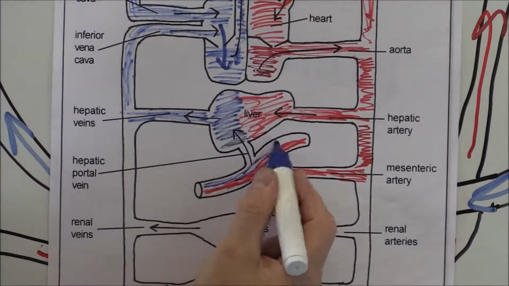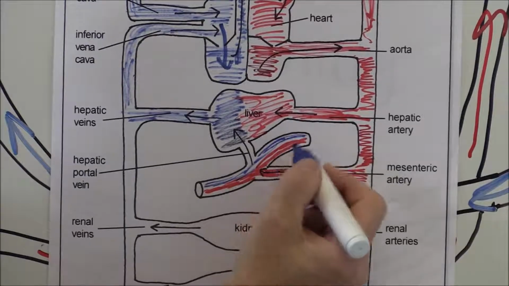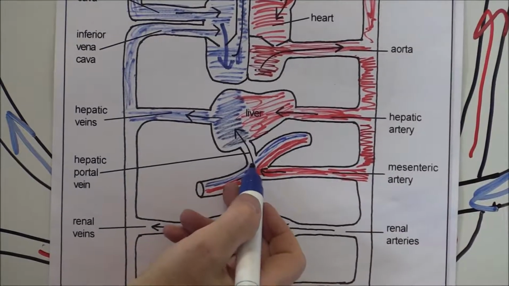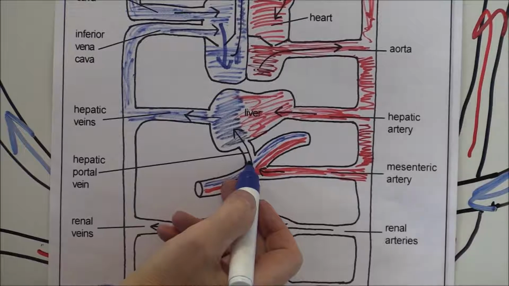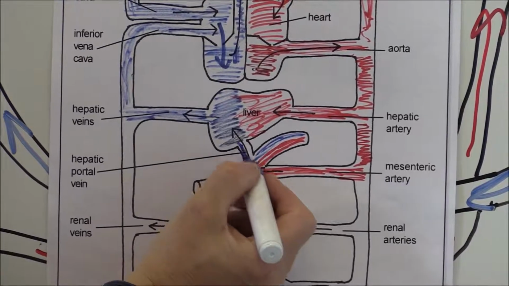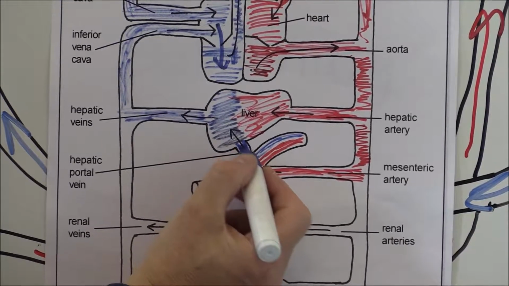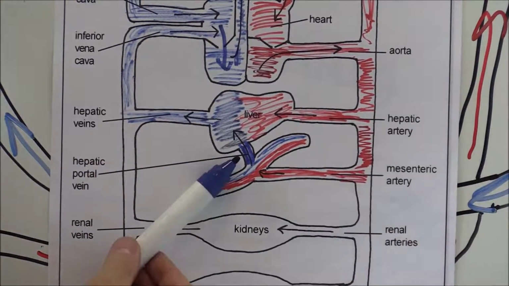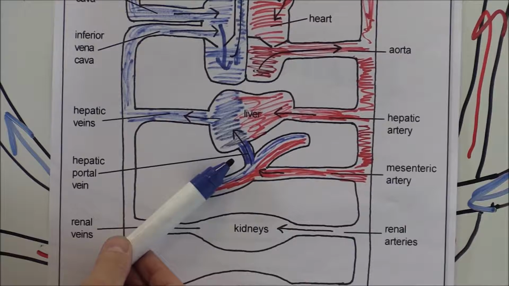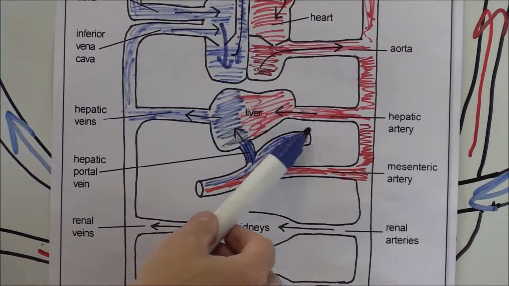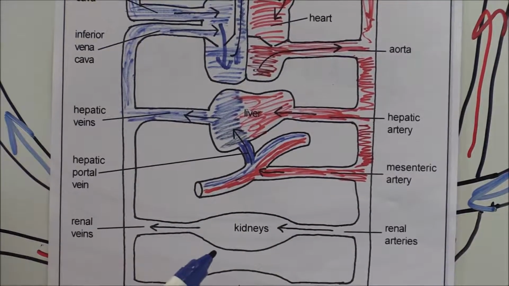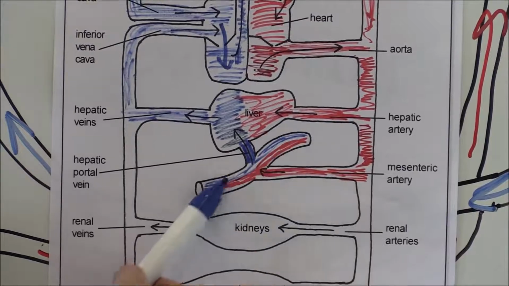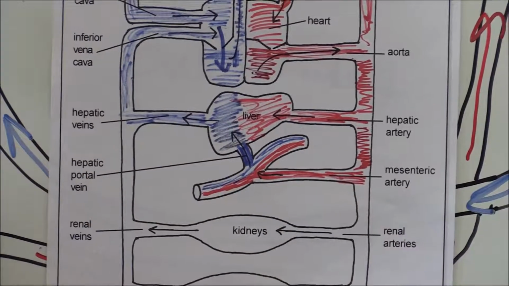But here we notice a very interesting thing. This blood does not drain directly back into the venous circulation. It drains via this small vein here directly into the liver. And this is the hepatic portal vein. Because we don't want bacterial breakdown products and we don't want digested food going directly into the systemic circulation.